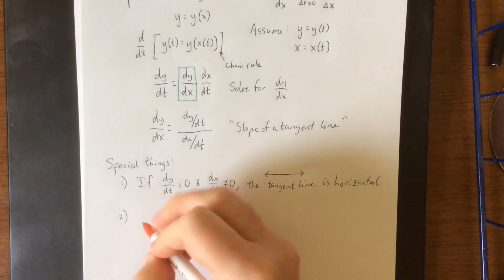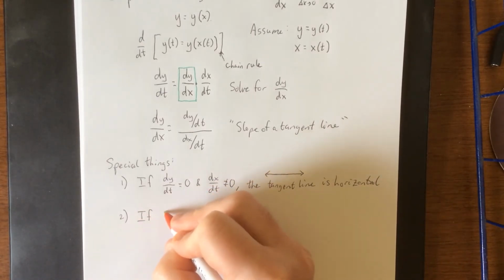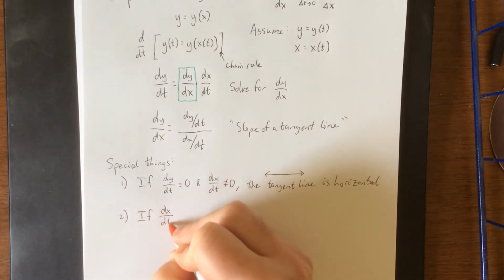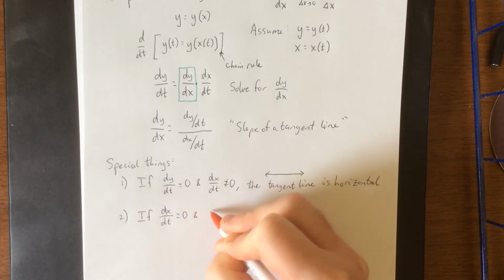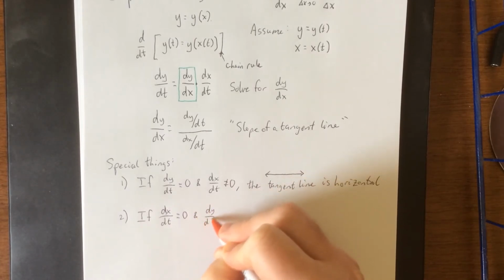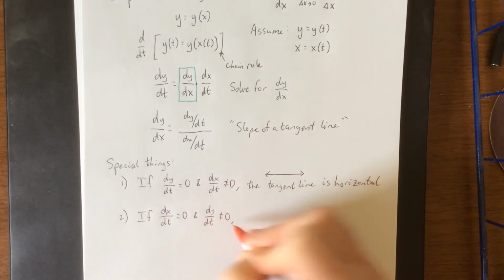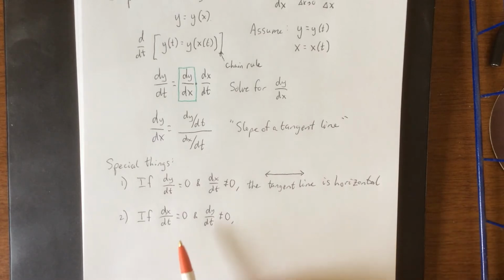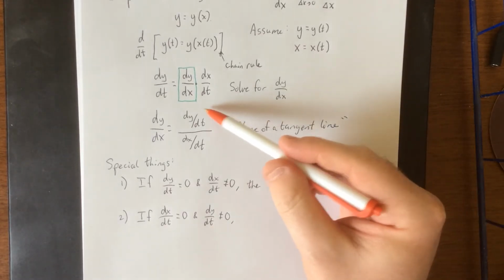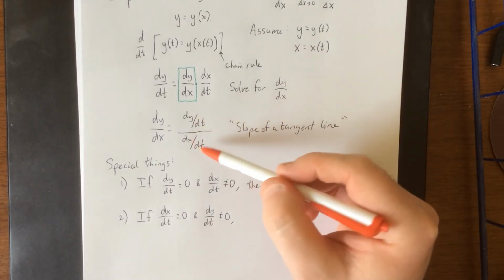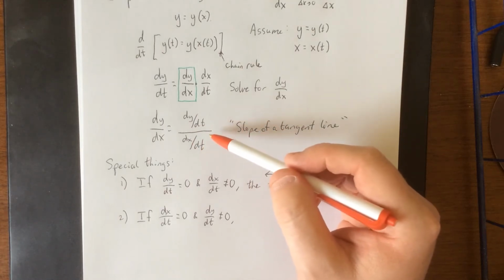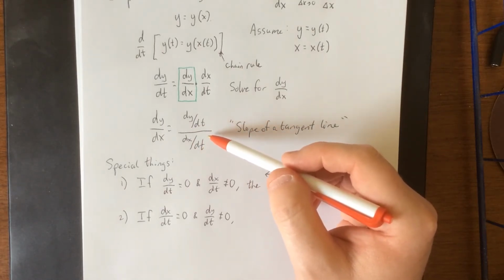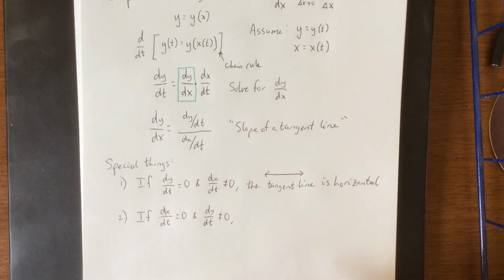Now this extends nicely if we were to also consider dx over dt being equal to 0 and dy over dt being non-zero. Now, in this case, what we're saying is that we have something that's not 0 divided by something that is 0. Unfortunately, that's undefined, and the kinds of lines that have an undefined slope are vertical lines.